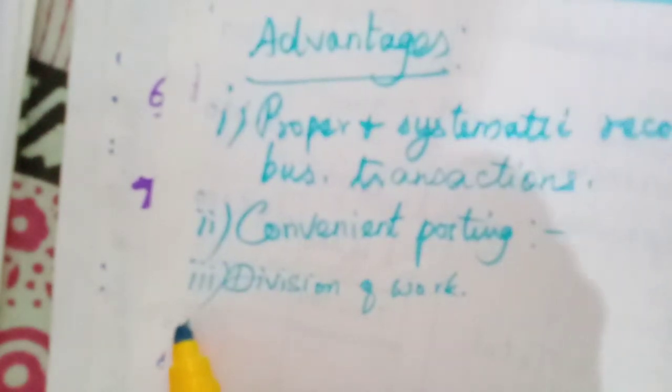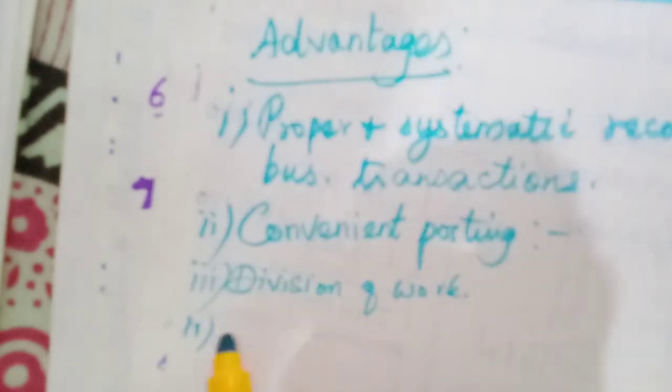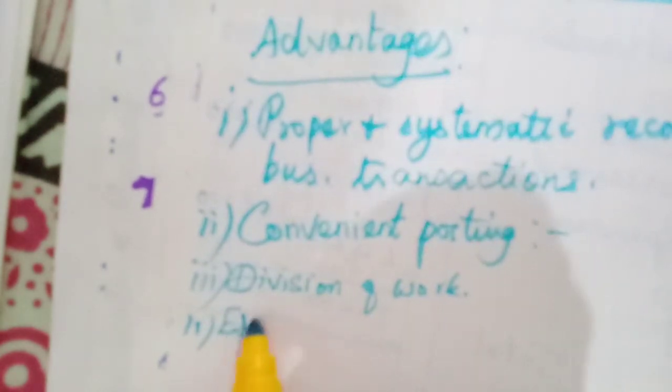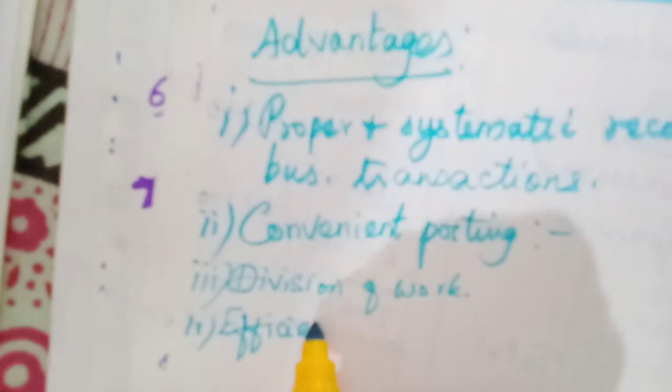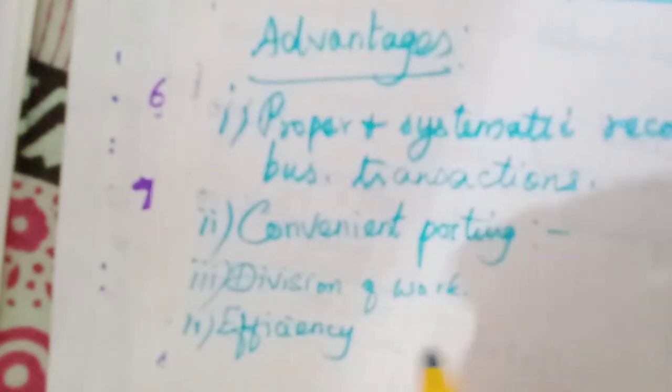Then the fourth point is efficiency. This efficiency is coming because of the division of work. One clerk is responsible for entering all the credit purchases in the purchases book, so he is becoming very efficient.